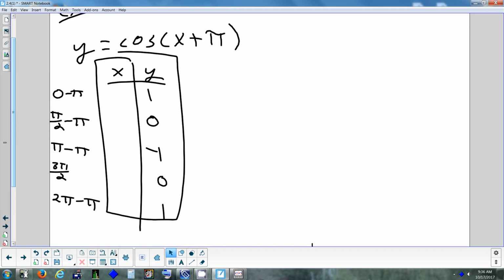Okay, some of these are really quick to do, like pi minus pi is how much? That's 0. What about 0 minus pi? Negative pi. What's 2 pi take away 1 pi? 1 pi.